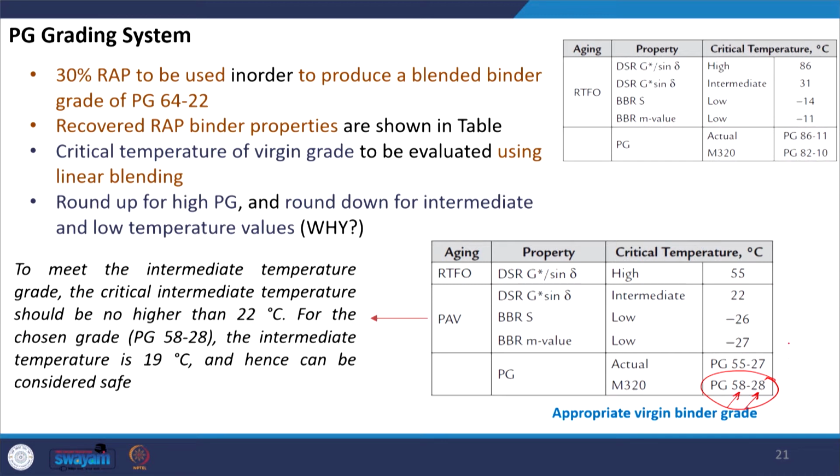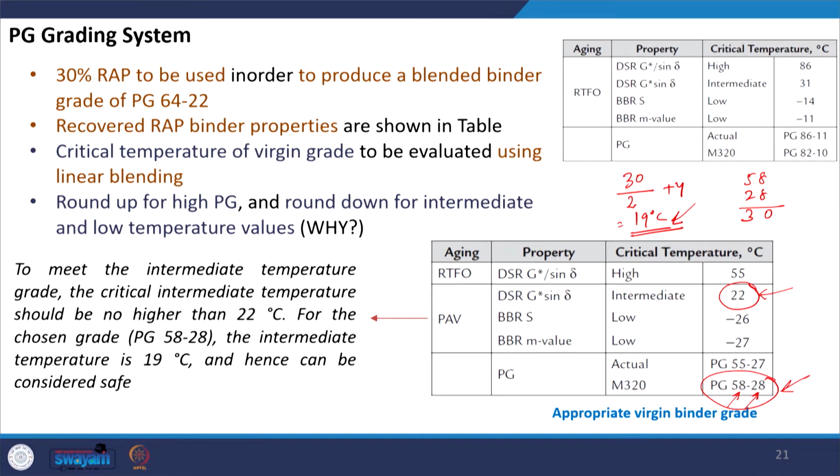But if you do the calculation, 58 minus 28 is 30, divided by 2 plus 4, so this is 19 degrees Celsius. As per the calculation, the critical temperature should not be higher than 22 degrees Celsius, and for PG 58 minus 28 it is 19 degrees Celsius. So this satisfies the criteria and we do not have to worry about the intermediate temperature here.